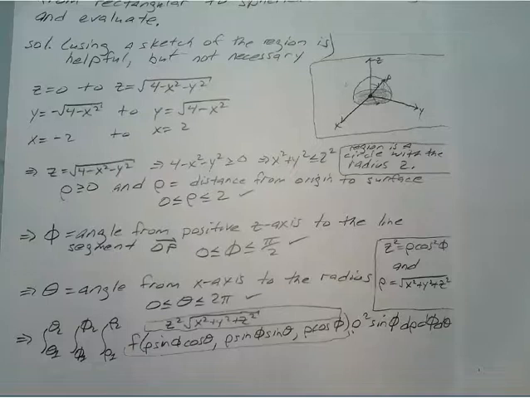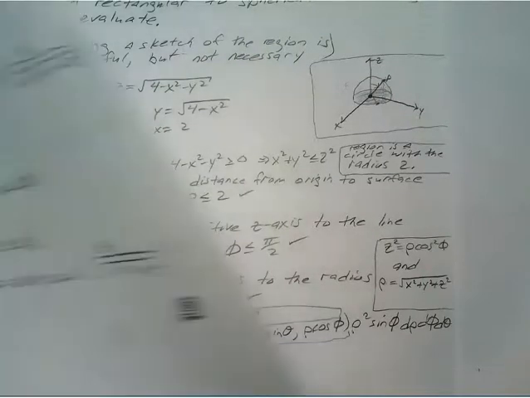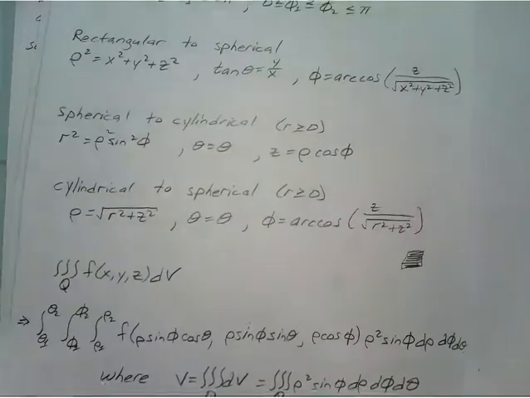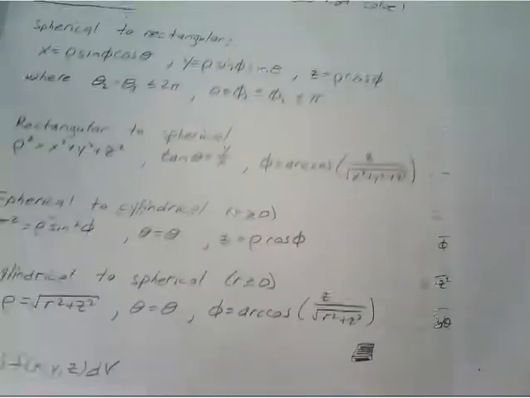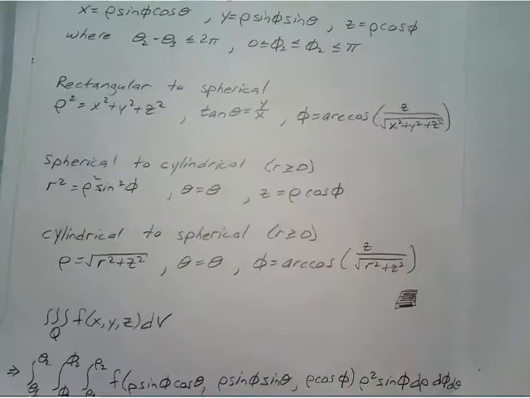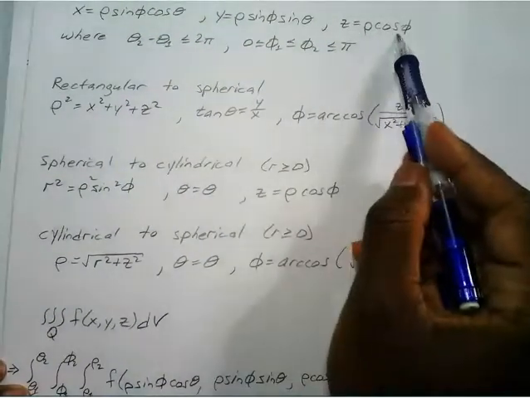All right, go back to the pages and I'll show you exactly where I got that from. Go back to your conversion page. I'm just going to cover this up for a second. Remember that z is equal to rho cosine of phi.